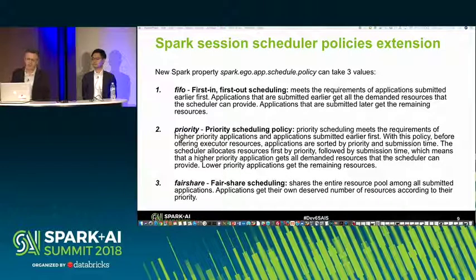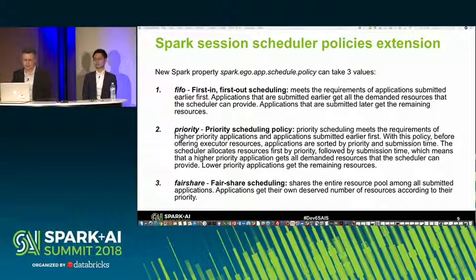So as I said, in this session scheduler we have added priority scheduling, which is similar to FIFO, just changing the order in which the pending queue is organized based on the priority of the submitted application, and also covering the case when you change the priority of an already submitted application which is pending.